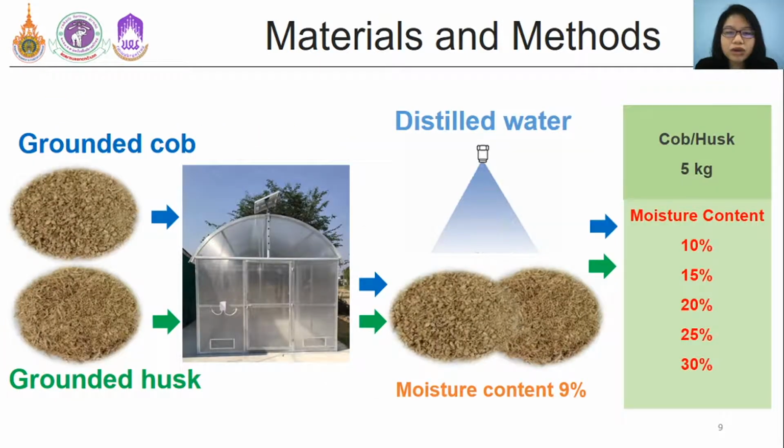Both ground corn cobs and corn husks were dried in a solar-powered greenhouse dryer until their moisture content was reduced to about 9% dry basis. Then, the sample materials were prepared for 5 different initial moisture contents by adding predetermined amount of distilled water and thoroughly mixed.